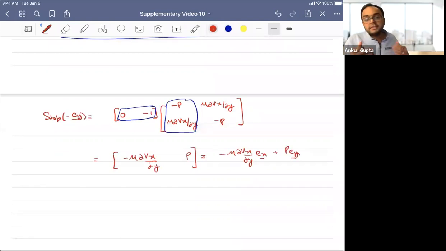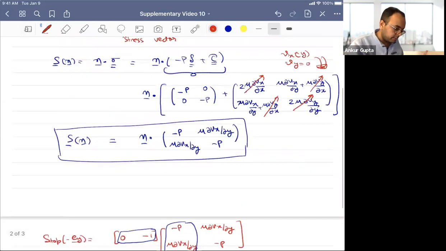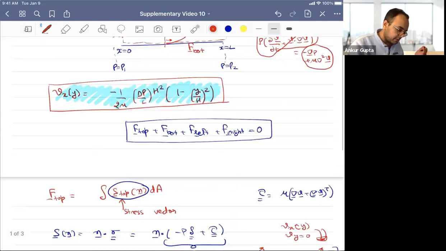And I again hope this makes sense, that the shear stress is dragging the plate in the x direction by the fluid, and the fluid is pushing the plate in the positive ey direction on top. It's pushing in the positive direction on top.